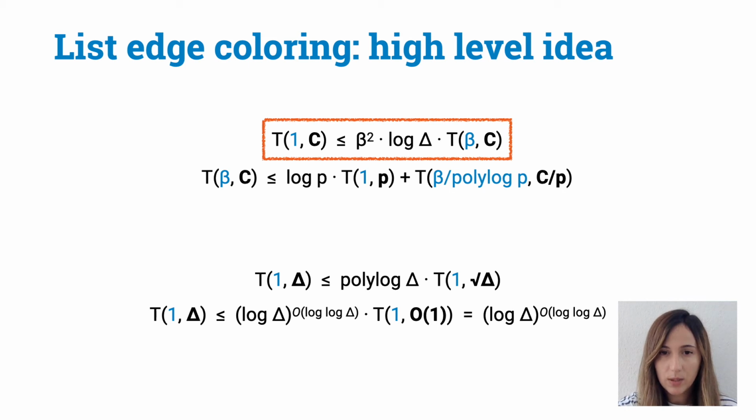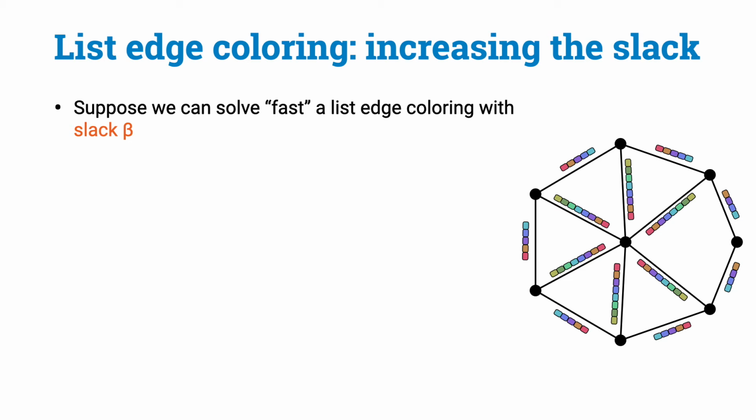So let's start by showing how we can use an algorithm that only works for slack that is high to solve the slack 1 case. So suppose that we can solve fast enough a relaxed version of the list edge coloring problem where each list has size at least beta times degree plus 1 for some suitable large enough beta.